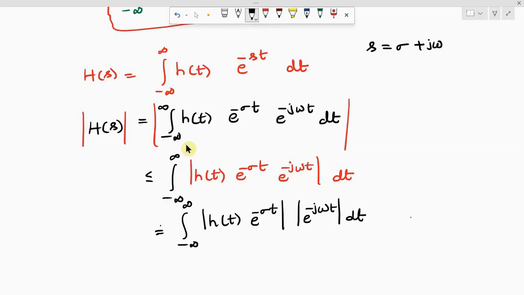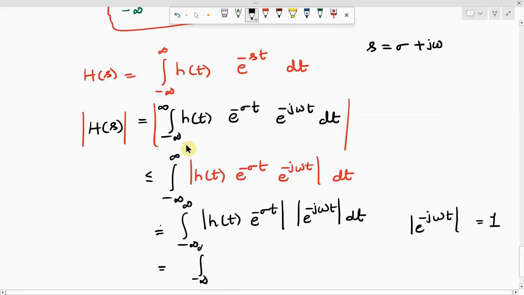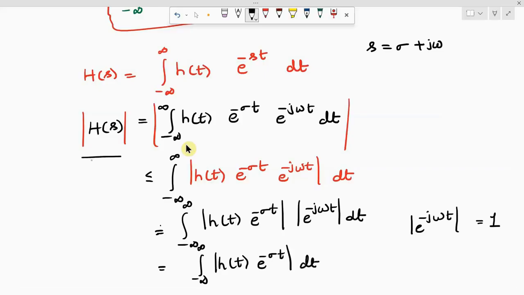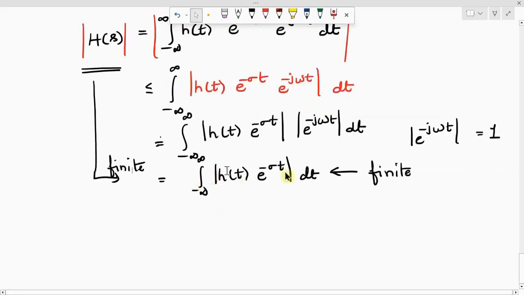Now, what is the value of mod e power of minus j omega t? 1, sir. It is 1. So therefore, the condition is mod h of t e power of minus sigma t dt. And for this h of s to be finite, the resultant integral should be finite.